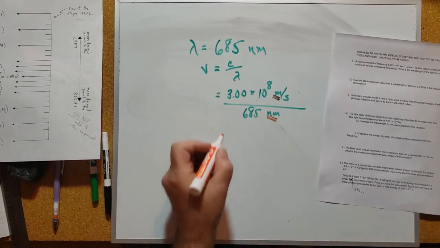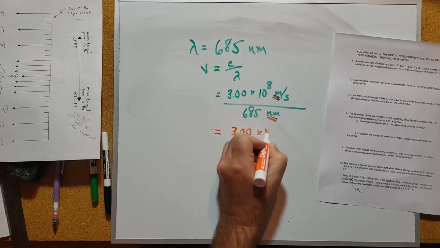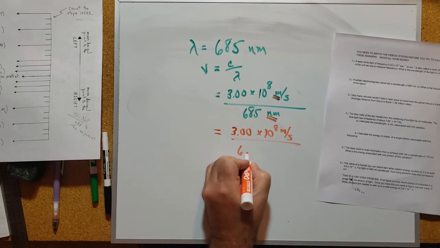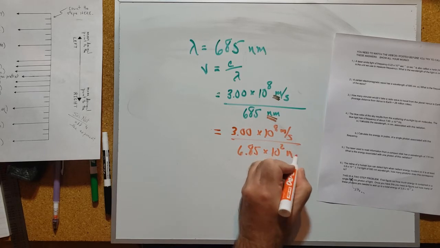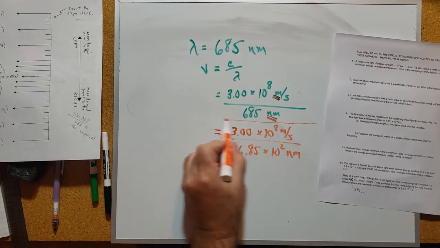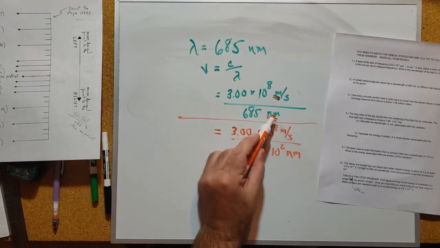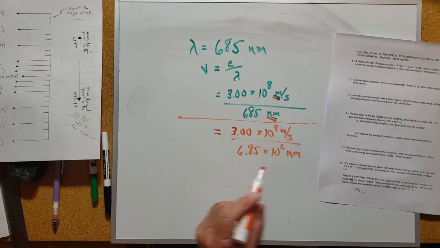So let me say equals 3.00 times 10 to the 8th meters per second over 6.85 times 10 squared nanometers. All I did going from here to here was change 685 nanometers to 6.85 times 10 squared nanometers.